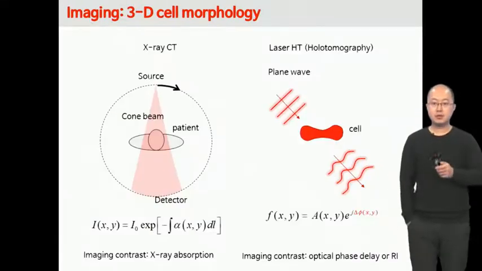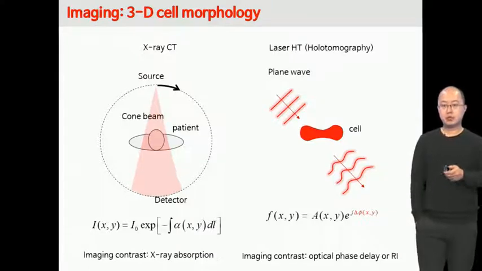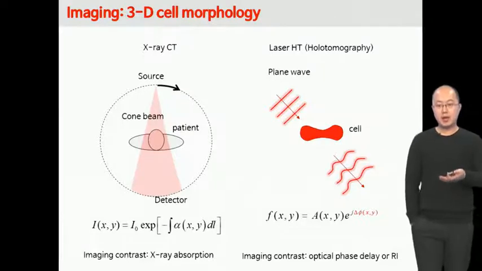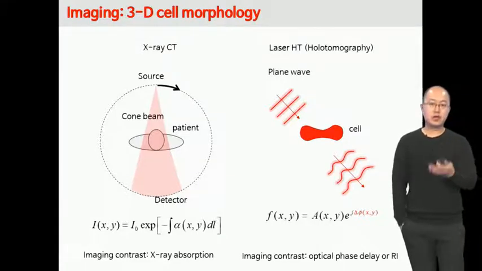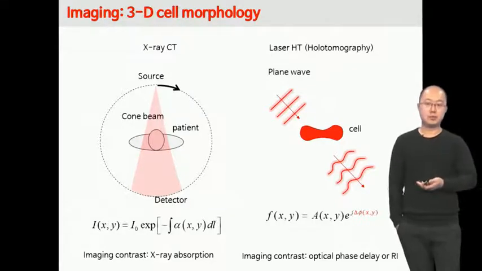The concept of X-ray CT is as follows. The sample, the object, is a human body, and by changing the illumination angle, the direction of the X-ray beam, you can measure multiple two-dimensional X-ray images, from which you can retrieve three-dimensional distributions, or tomograms, of the absorption parameters.